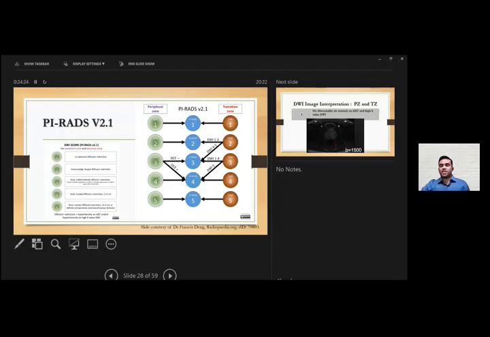So supposing there is a T2 grade 2 lesion in the transition zone which shows a diffusion of 4 to 5, then that lesion is upstaged. Similarly, a T2 grade 3 lesion in the transition zone, if it shows a DWI grade of 5, is also upstaged to 4. We will see examples of these.